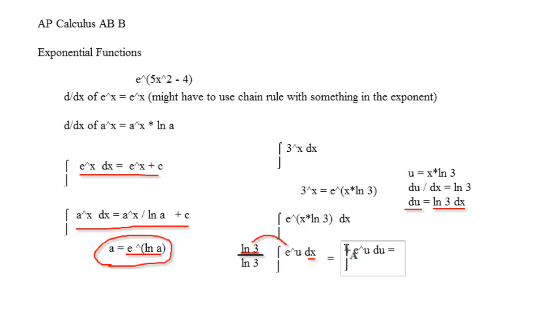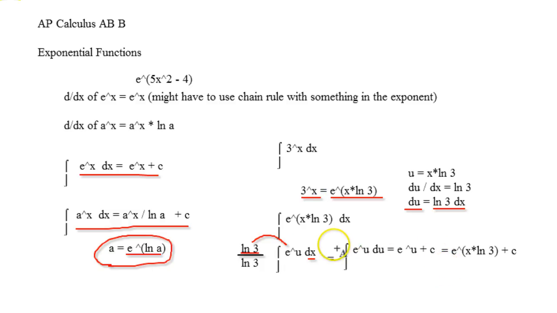I do my integral and I get e to the u plus c. Now, e to the u is going to be replaced with something, so I replace it and get e to the x times the natural log of 3 plus c. And I started out with 3 to the x, and I've already defined e to the x times the natural log of 3 as 3 to the x, so I can go ahead and replace that.